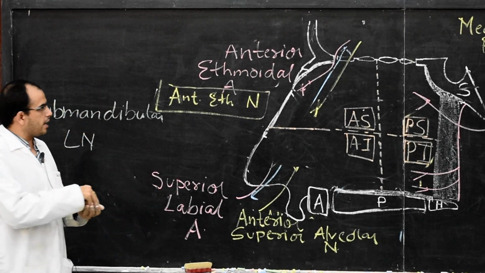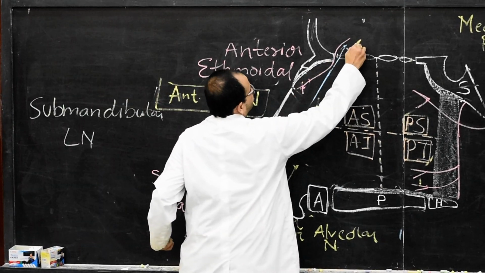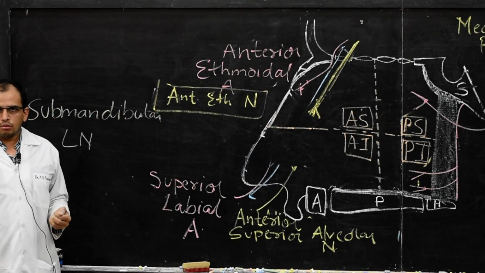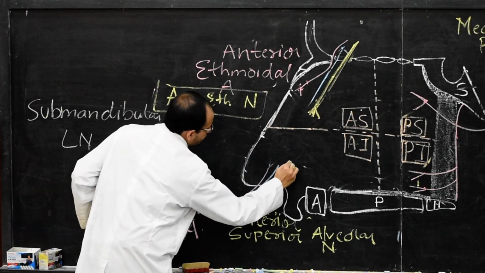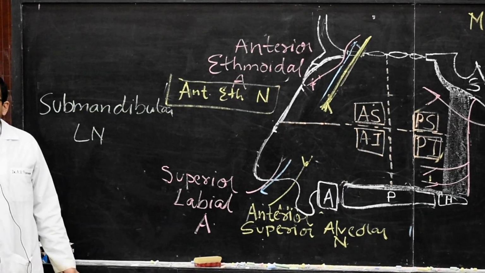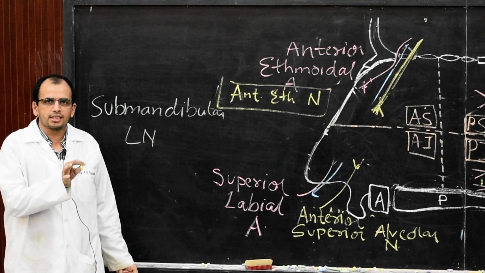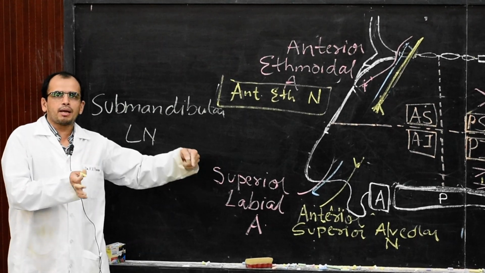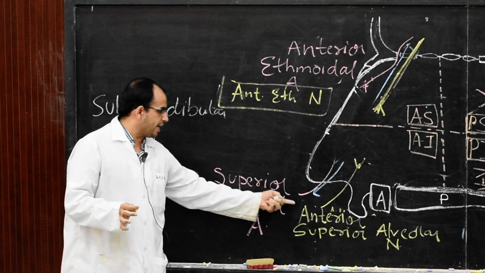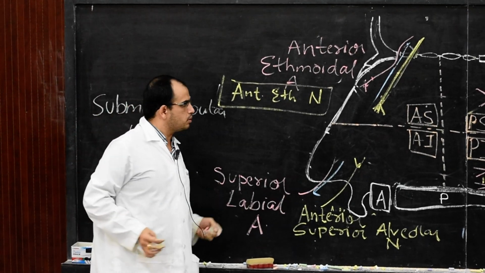In nerve supply, again the antero-superior quadrant is supplied by the anterior ethmoidal nerve. The antero-inferior quadrant is supplied by the anterior superior alveolar nerve, like that of the medial wall, that is the nasal septum. In the nasal septum I mentioned it as anterior alveolar nerve, but the real name is anterior superior alveolar nerve.